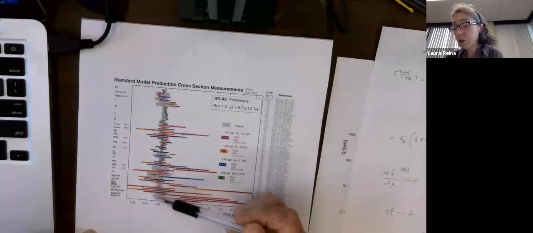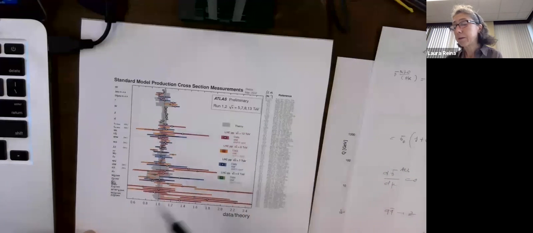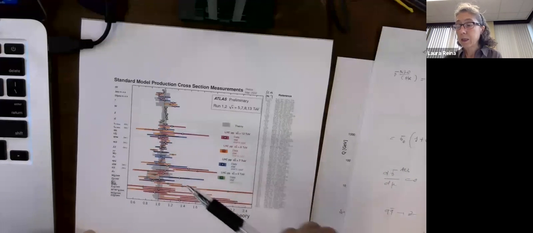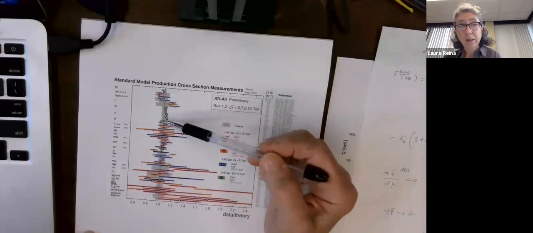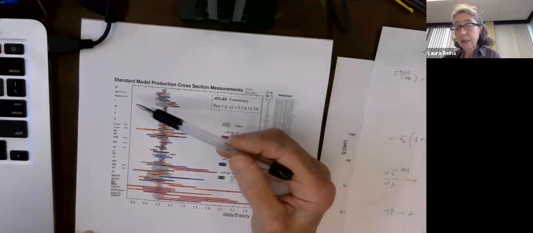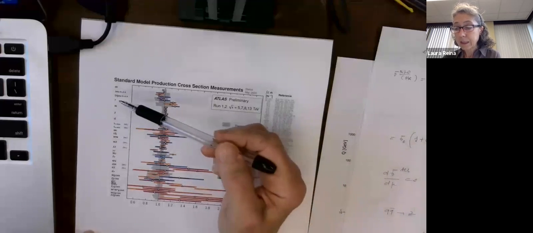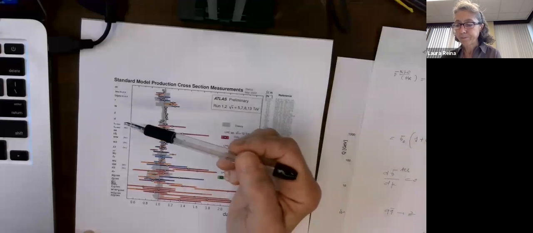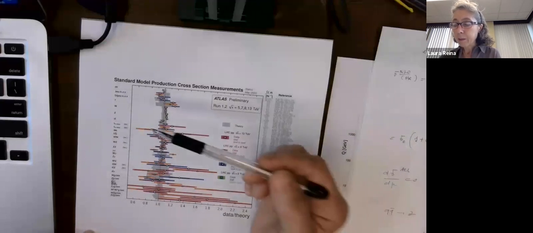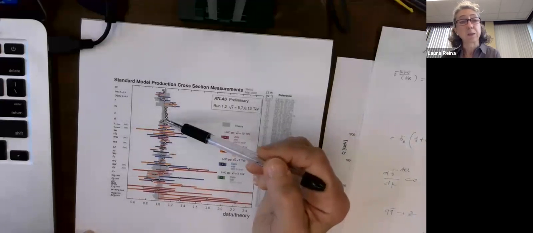So the theoretical predictions at the moment are better than experimental measurements. But when we go to 2-to-1 processes, you can see how precisely these processes, like the Drell-Yan production or the production of Higgs that is illustrated, are so precisely measured experimentally.